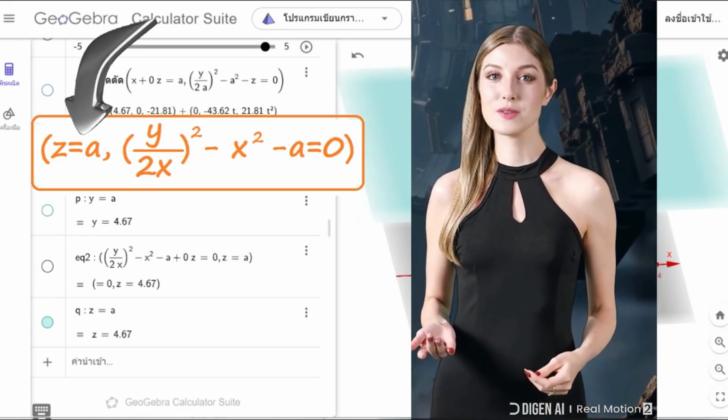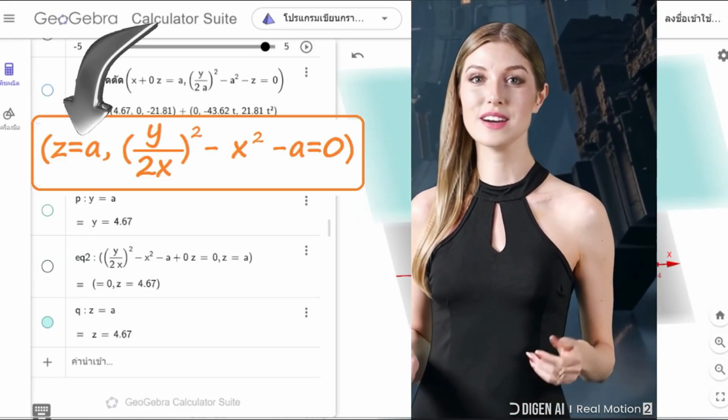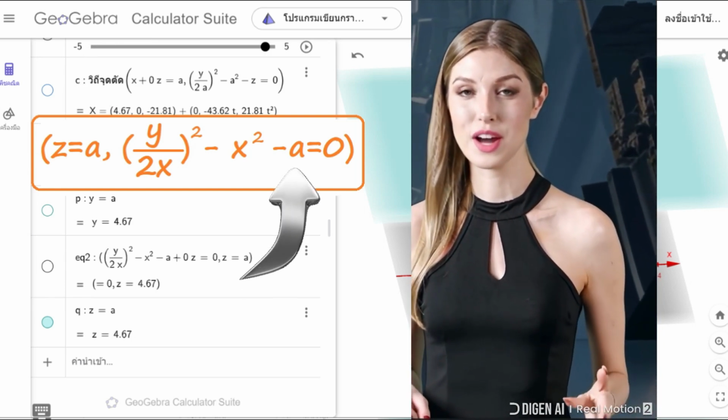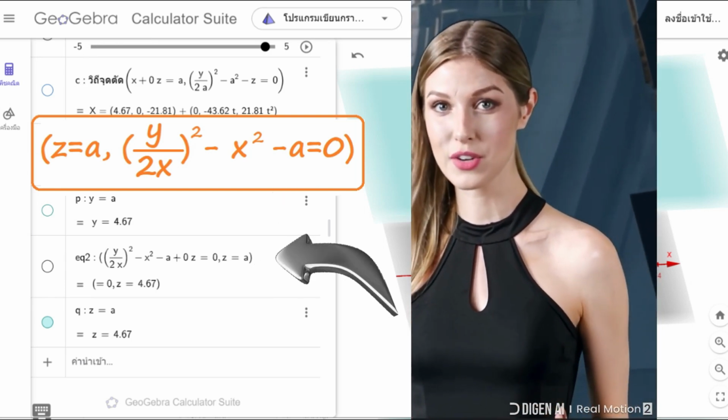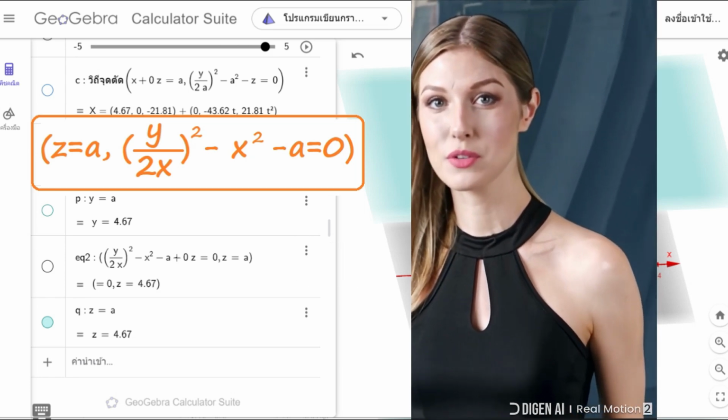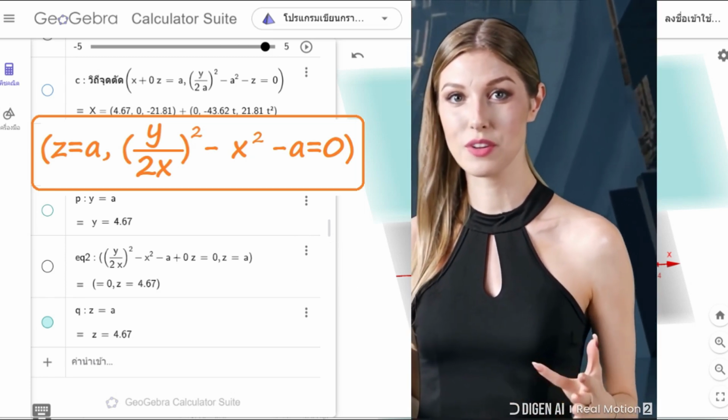We'll cut the surface with the plane z equal to the parameter A. Substitute z in the equation with A. Write the equation in the input box. We get the intersecting curve line.